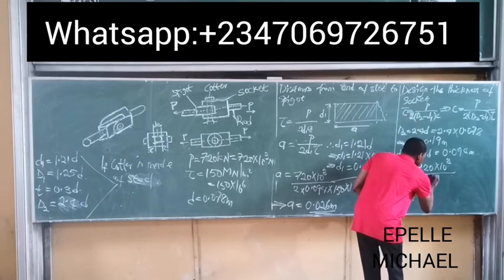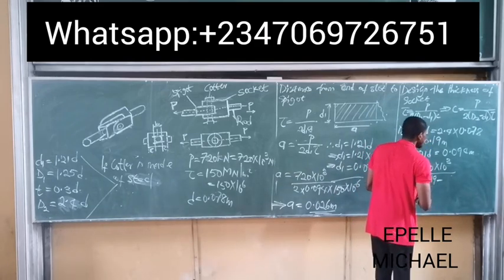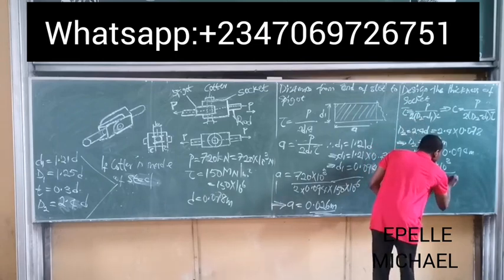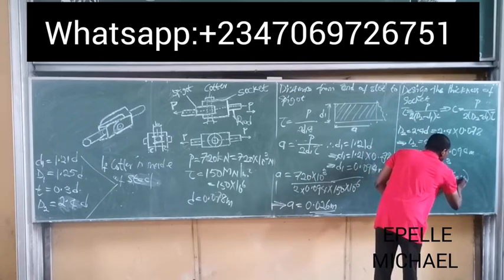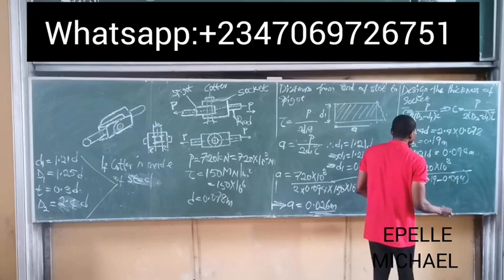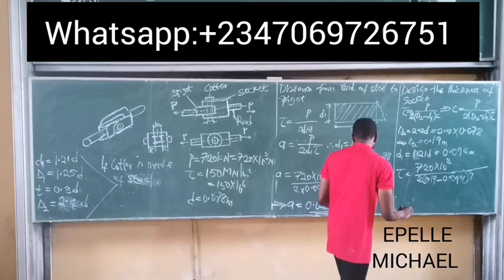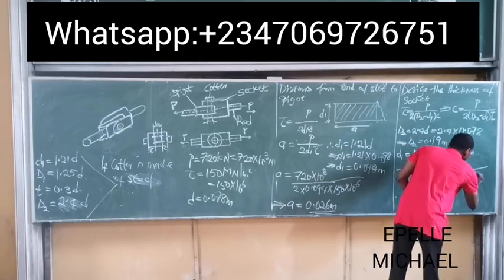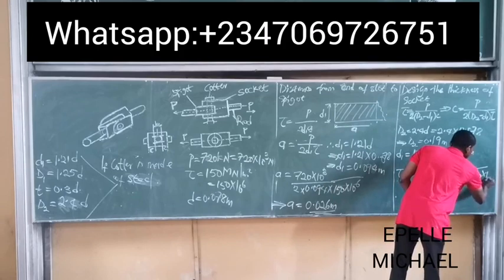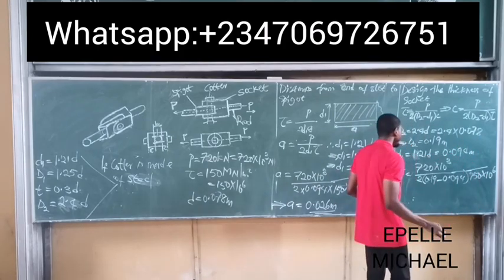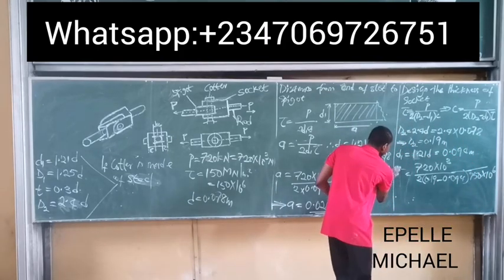You have 0.19 minus D1, 0.094, times 0.094, times the shear stress, which is 150 by 10 to the power of 6. So do all of these values and give me the value.